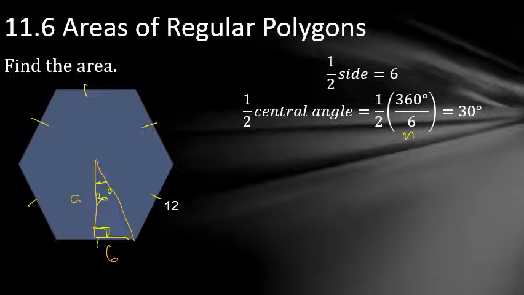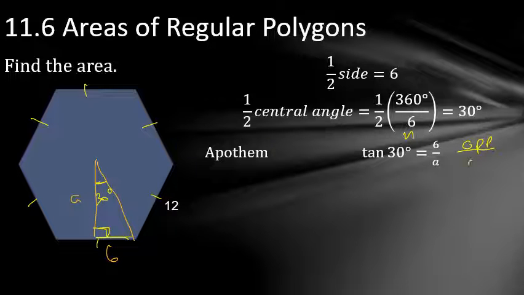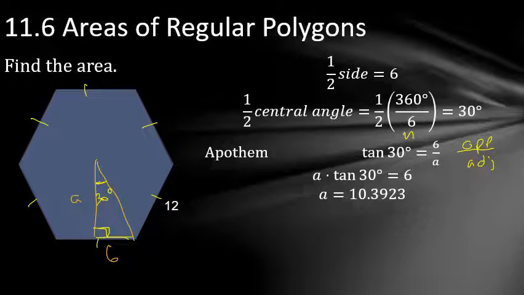And now, oh, hey, I know the opposite, and A is the adjacent. Opposite and adjacent is tangent. So tangent of the angle is the opposite over the adjacent. Multiply both sides by A, divide by the tangent of 30, and A is approximately 10.3923. Our area is 1/2 of PA.